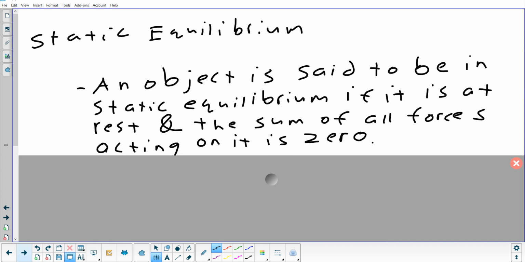Now, I want to think two-dimensionally about things being balanced. So think about this board again. If forces are balanced, there's a couple different directions we have to look at. What are the different directions that we can travel on the board again?